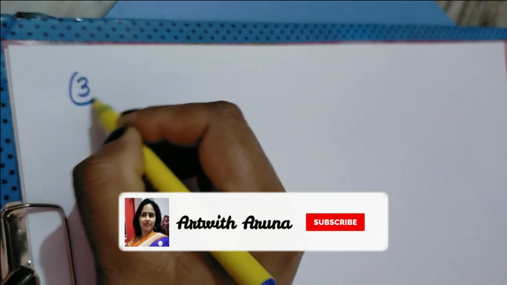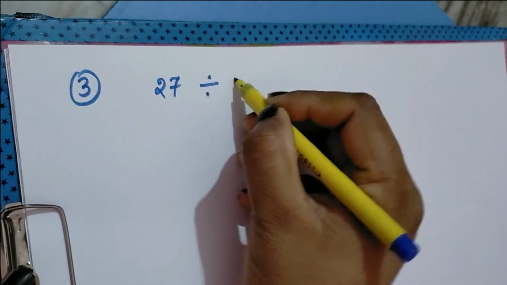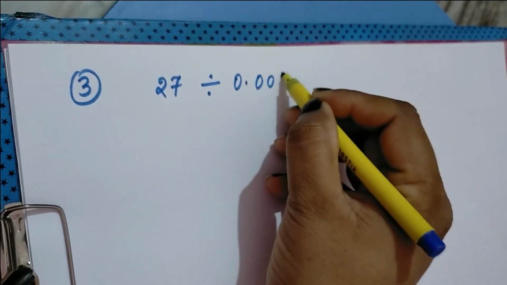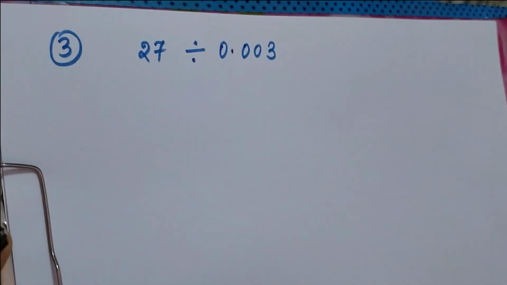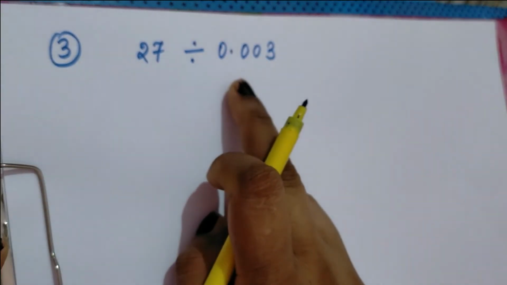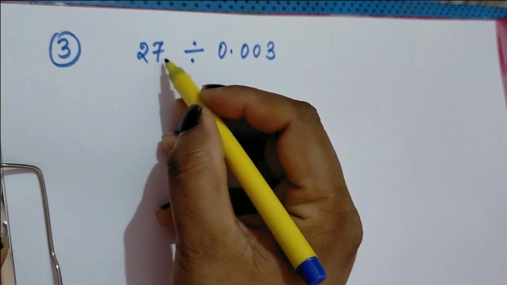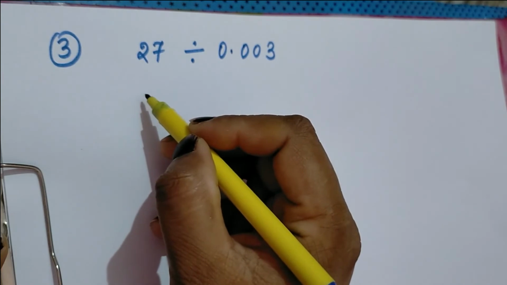Now let's take our third question, that is 27 divided by 0.003. Now here 27 is a whole number which is divided by the decimal number 0.003. The process is the same. Here we need to convert this 27 into a decimal number.